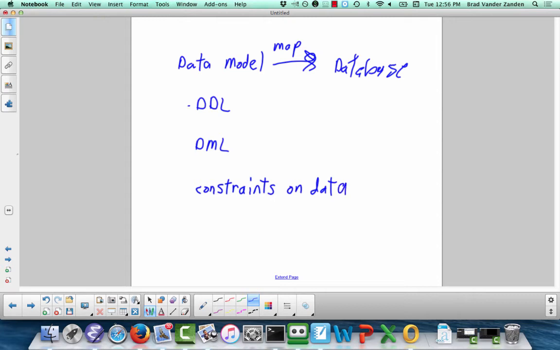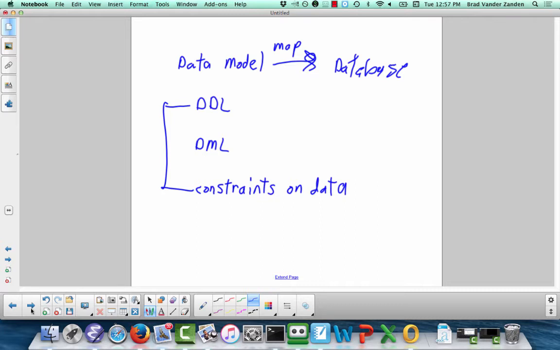So the mapping involves the DDL and constraints on the data. The data manipulation language is something the user uses, but the data model you typically are going to describe using the DDL, the data description language, and then the constraints on the data actually are something you also typically enforce using the DDL.